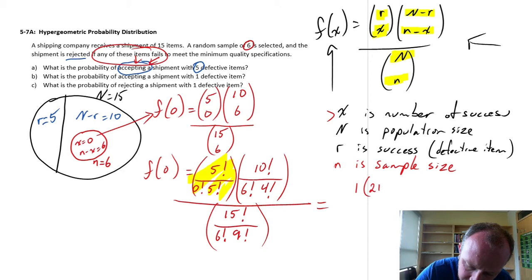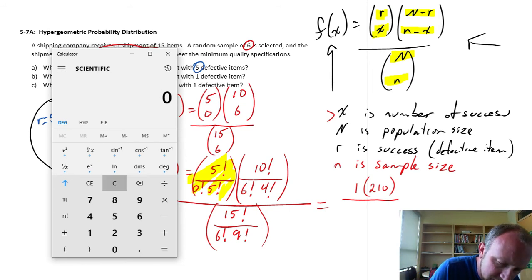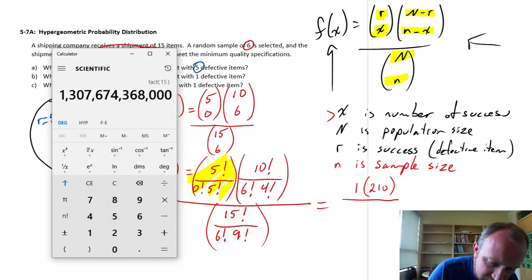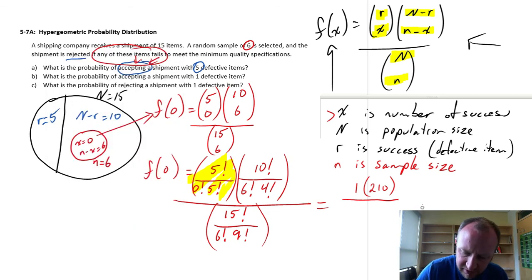So there's 1 times 210, there's my numerator. The denominator now, 15 factorial divided by 6 factorial times 9 factorial equals 5005.